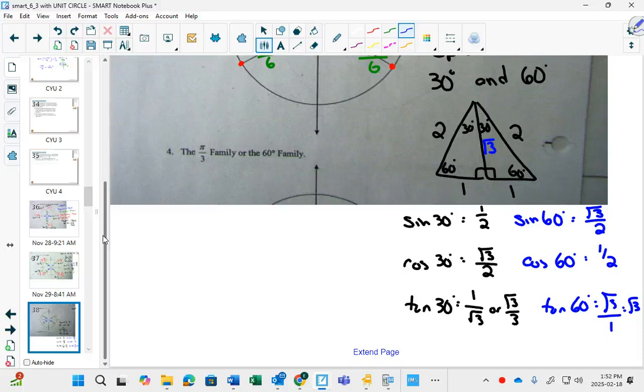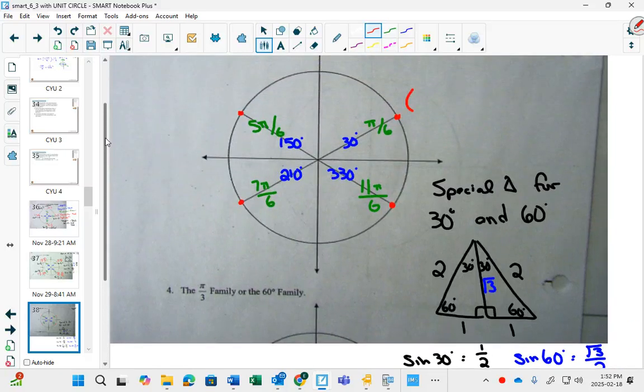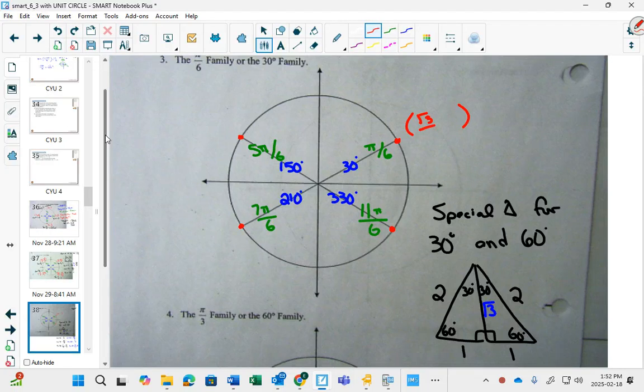So that lets me label my points. 30 degrees, x-coordinate is cos, so I go to my cos of 30 degrees, I see it's root 3 over 2, so that means my x-coordinate is root 3 over 2. My y-coordinate is sine of 30 degrees, which is 1/2.